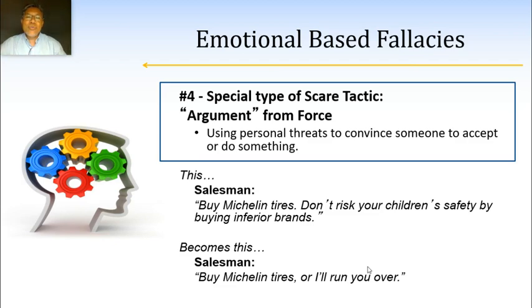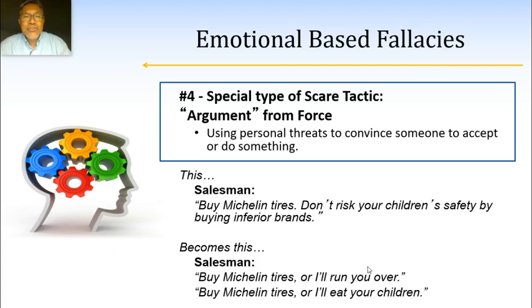So no actual reason pertaining to the tires themselves why we should buy them. Instead, they use fear, and in particular, fear of personal harm, right, to convince people to buy their tires. Or buy Michelin tires or I'll eat your children. Again, it's fear-based, right? They try to get you afraid. And in this particular type of scare tactic, argument from force, the fear comes from possible personal harm. All right.